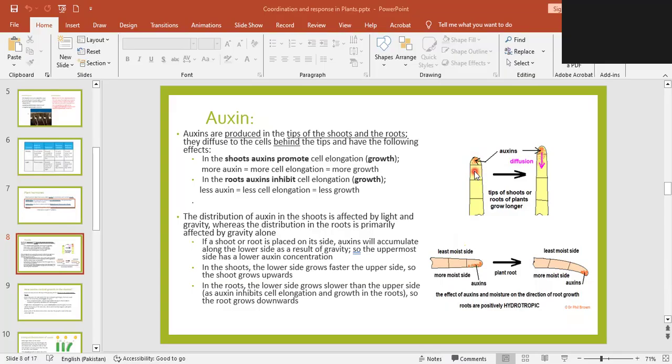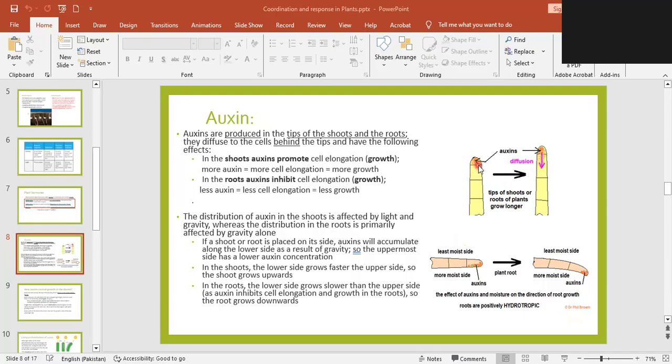For example, if I need this part to be extended or stretched up, where would I apply the force? Underneath it. So if I apply the force underneath the cells towards upward, of course the tip will be stretched up. So this is the area where the auxin works.